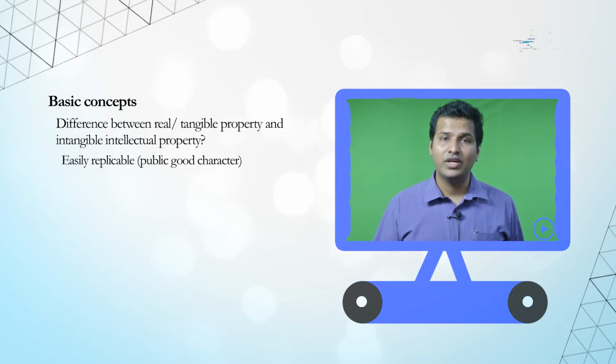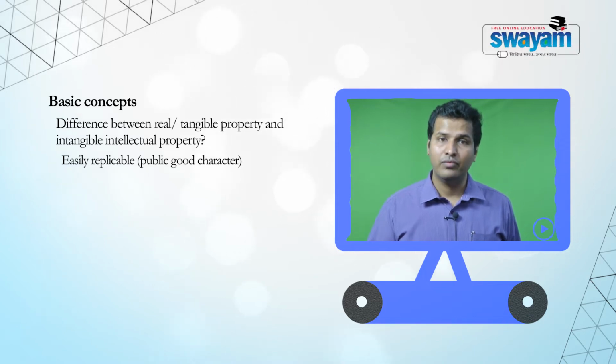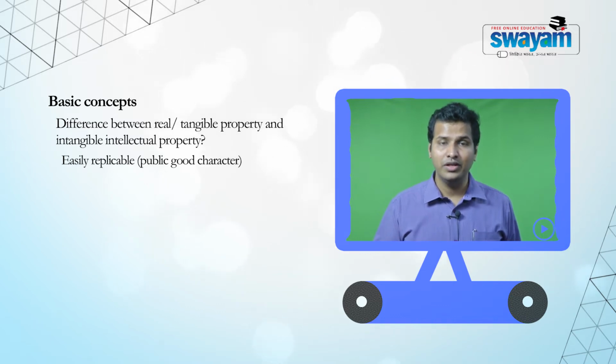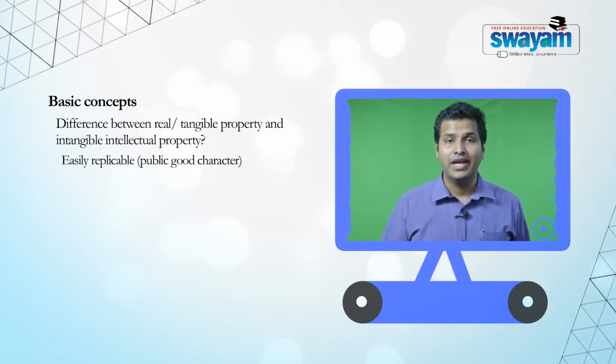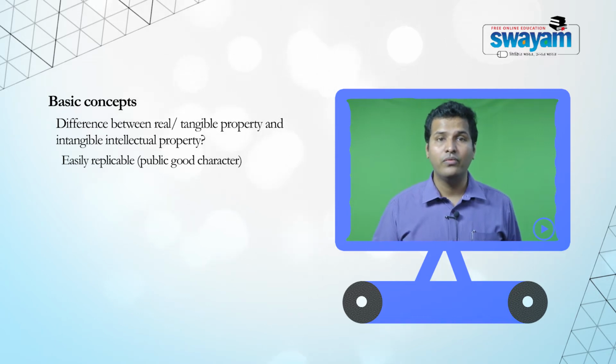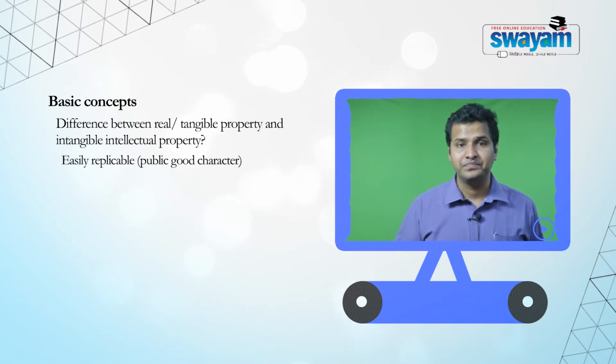Similarly, information once out without any adequate protection remains with the person who has got it. So, once the information is given, it cannot be dispossessed from that person. So, it is non-excludable and non-rival in character, and it has important implications of how we understand the economic differences between property and intellectual property.